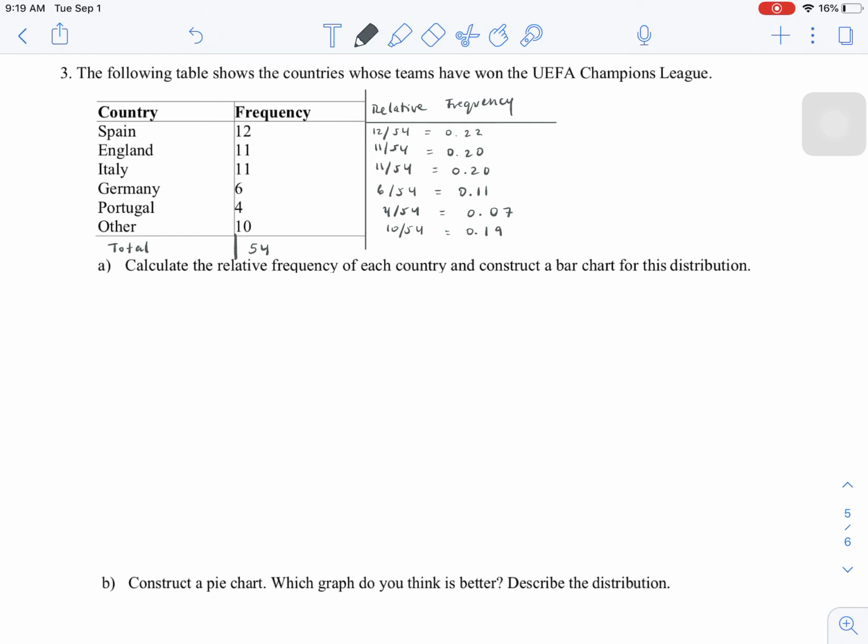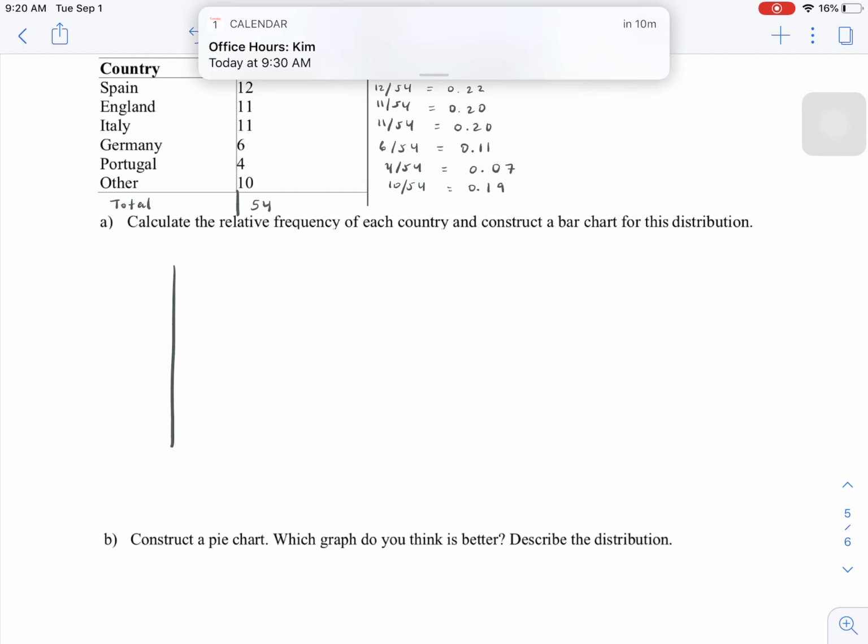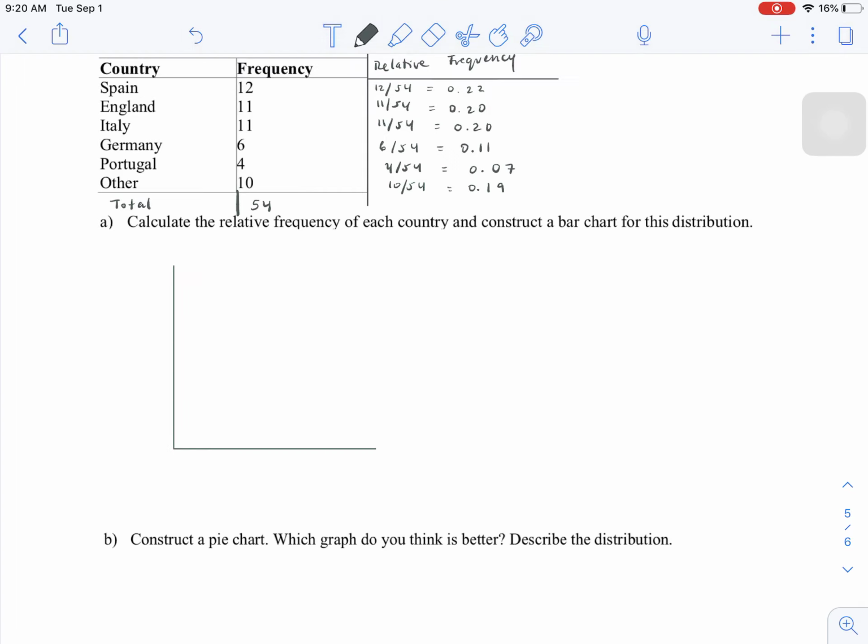So now I can go ahead and construct a bar chart. On the x-axis, I'll have countries. Make this a little longer.